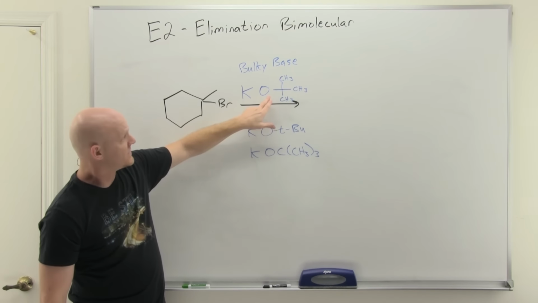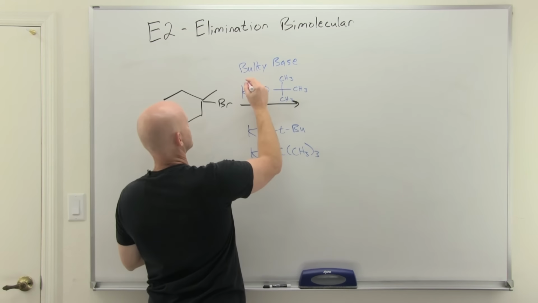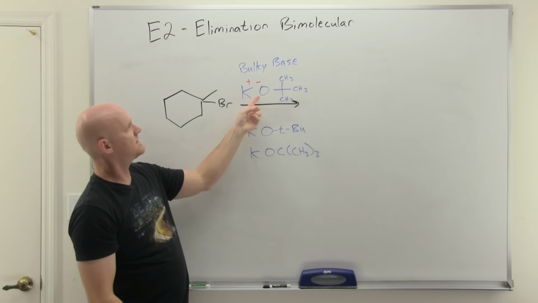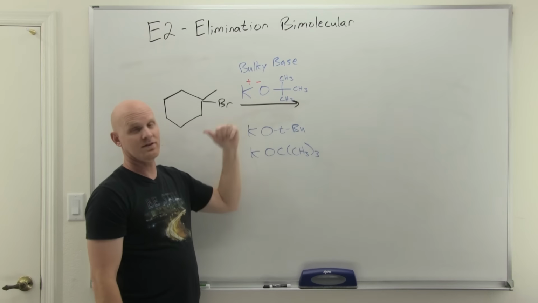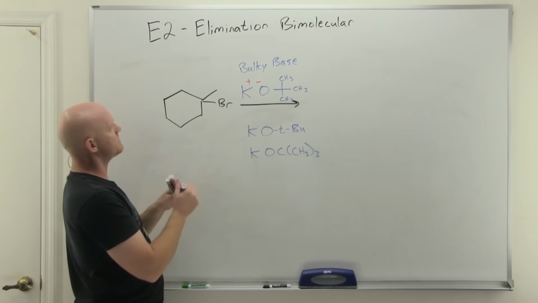So if we look at it here, the oxygen here, and again, this is ionic. So potassium's got a positive charge being a metal, oxygen being a non-metal's got a negative charge. And in this case, the negatively charged oxygen is bonded to a tertiary carbon. And that gives it some bulkiness associated with it. And as a result, it turns out it looks over at our beta carbons over here.